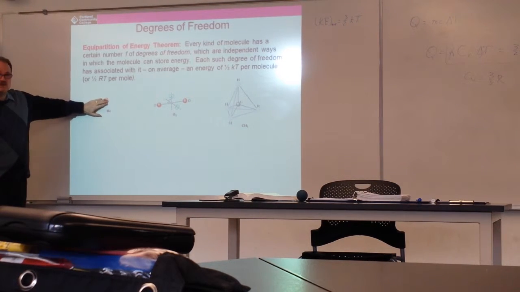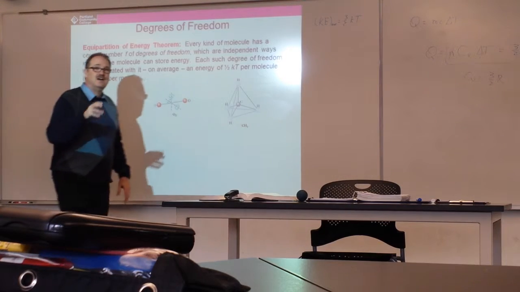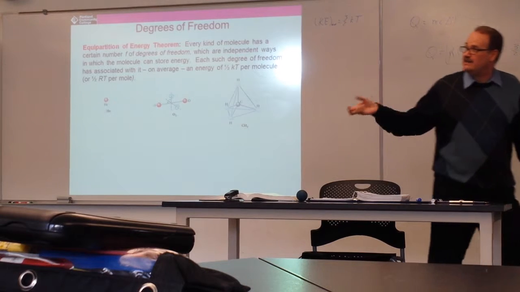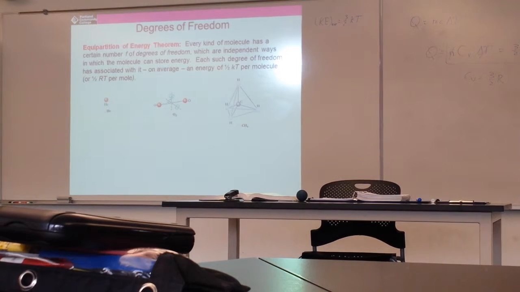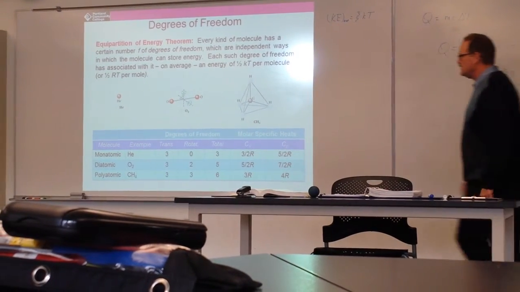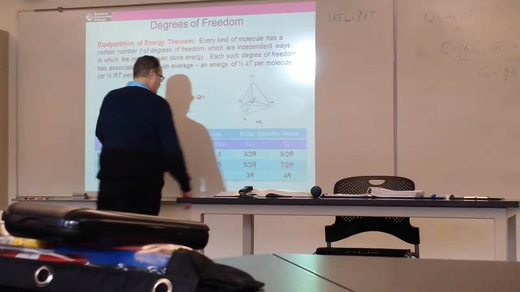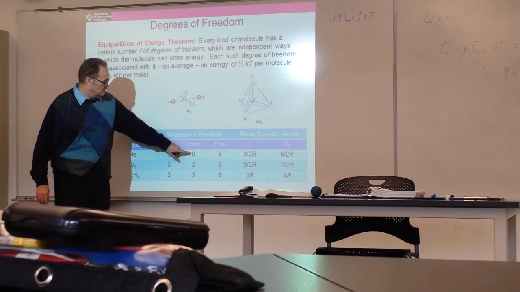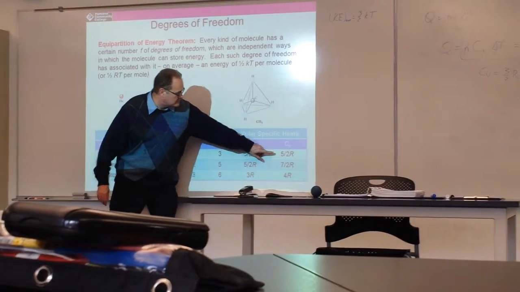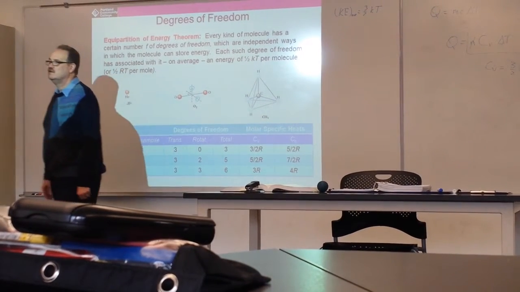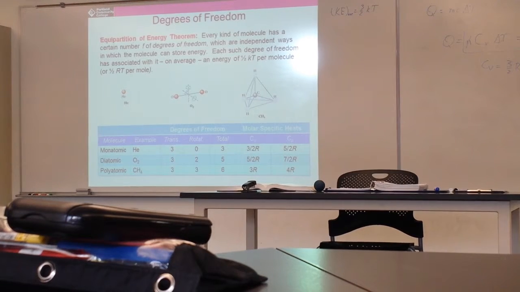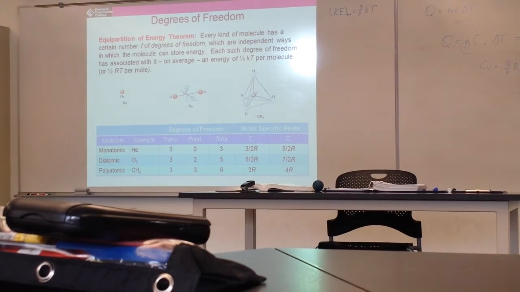So if I have a monatomic molecule like helium, I only have 3 degrees of freedom, because it can only move in the X, Y, and Z axis. It has 3 translational degrees of freedom, no rotational, so it has a total of 3 degrees of freedom, so CV is 3/2 R and CP is 5/2 R. And that's where you get the 3/2 kT, and the 3/2 in the energy equation.